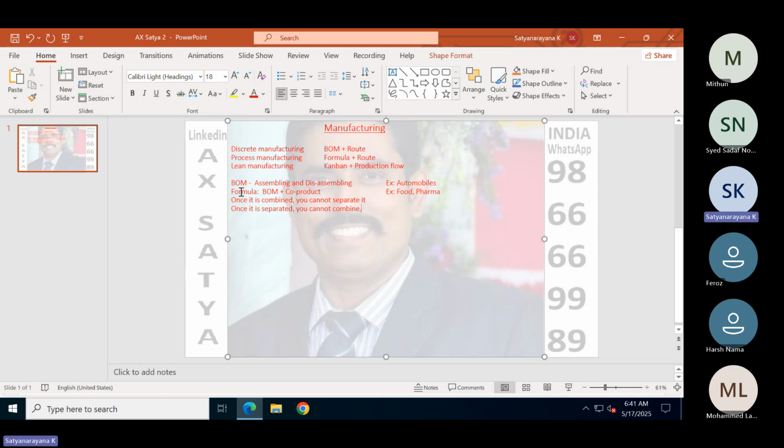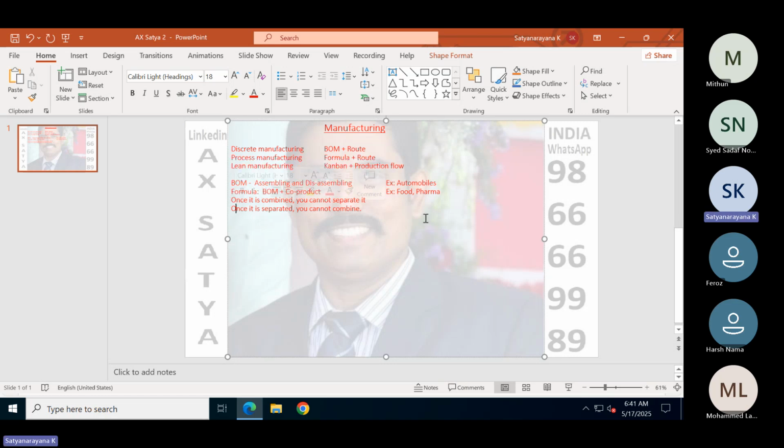But during biscuit manufacturing, you will get butter also as an extra product, because from the milk we can produce butter. You can sell butter too. Butter is not your business; your business is biscuit, but you are getting one more product, a co-product, that is butter. So once it is combined, you cannot separate it.